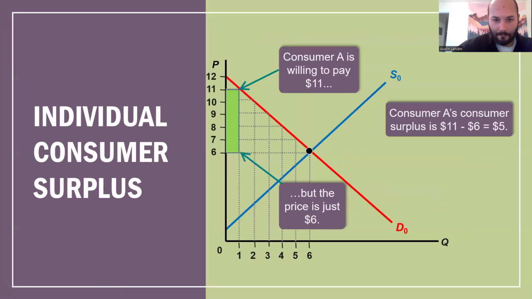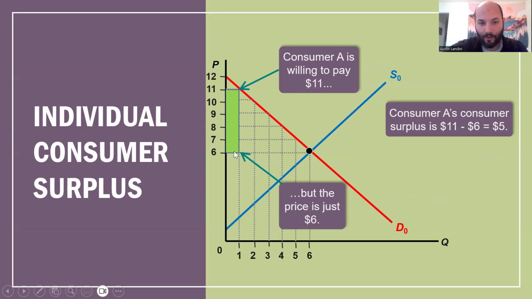So what does this look like on the entire supply-demand graph? Well, remember, our demand curve shows us consumers' willingness to pay. Our supply curve shows us suppliers' willingness to sell. So this demand curve is showing us that at a possible price of $11, there is one person or one unit demanded in this market.